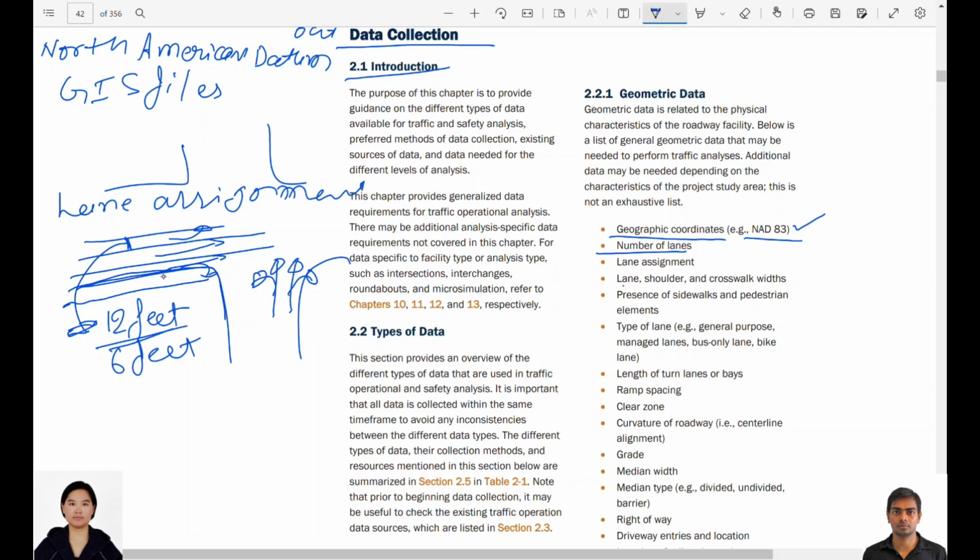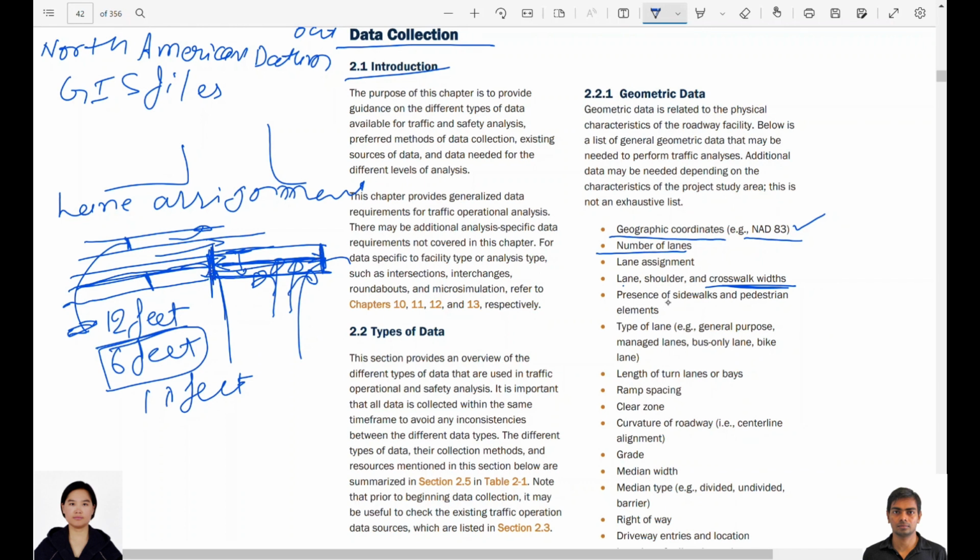Sometimes it's 6 feet, sometimes it's 10 feet. Then we have crosswalk width. This is the crosswalk length crossing the intersection, and maybe we are interested in the crosswalk width as well. I believe crosswalk width here refers to the length of the crosswalk.